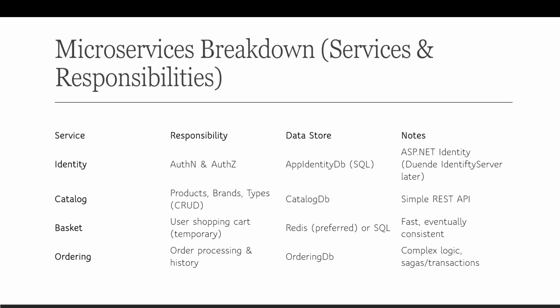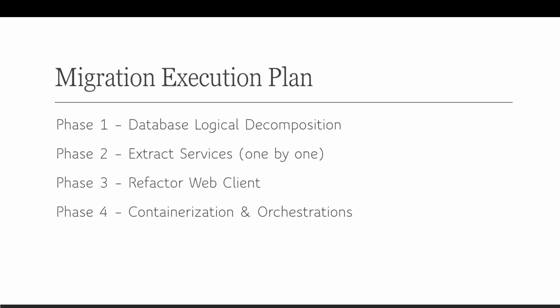It's going to be user shopping carts, and we might introduce Redis over here for temporary carts, because if we need to retain the basket, we could use Redis, and we will see to it, but it is going to be a bit fast. And for ordering itself, we are going to create an ordering DB, so order processing and history will be maintained over there.